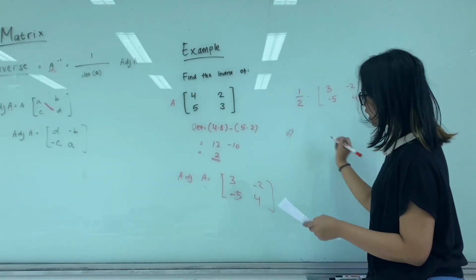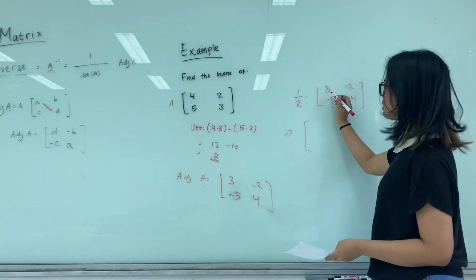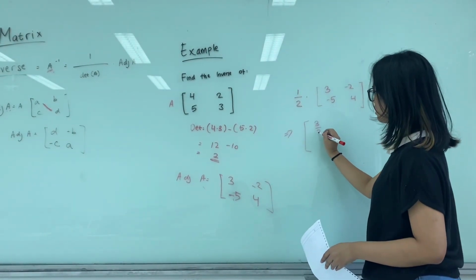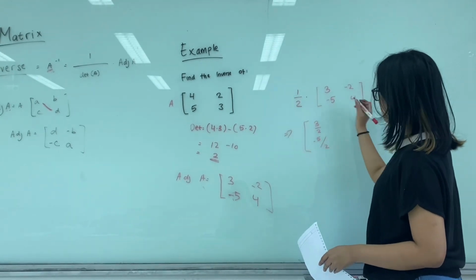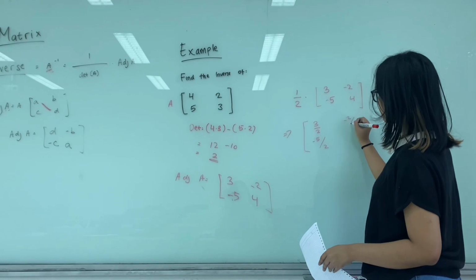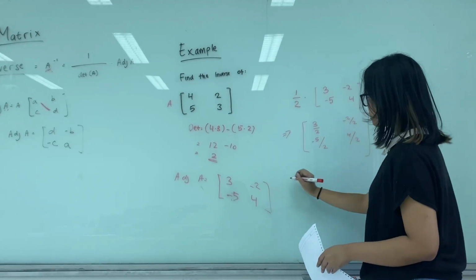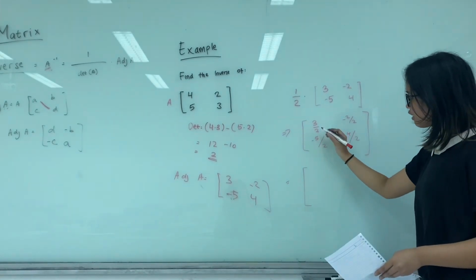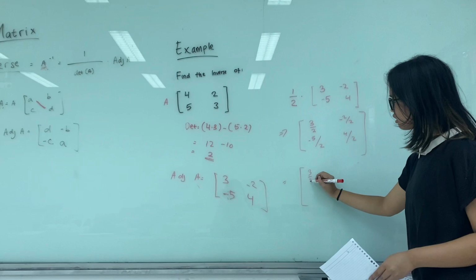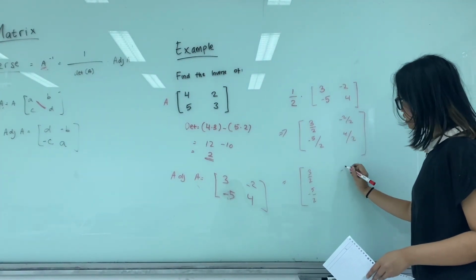Okay, so the answer is, just multiply it, 3 per 2, then minus 5 per 2, then minus 2 per 2, and 4 per 2. Then let's divide it all. So 3 per 2, then minus 5 per 2, minus 1, and 2.